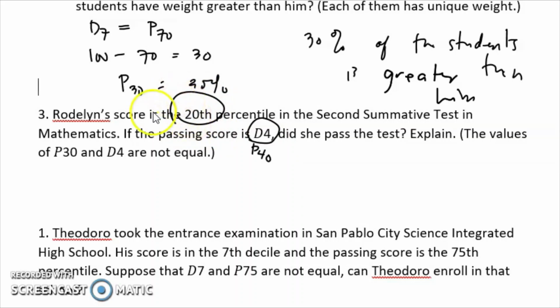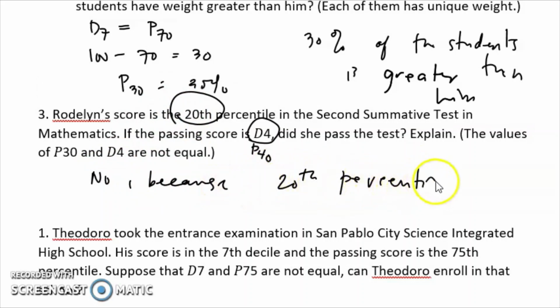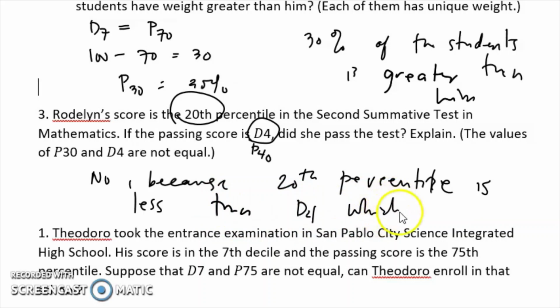So, pumasa ba siya? No. Because 20th percentile is less than D4, which is 40th percentile.